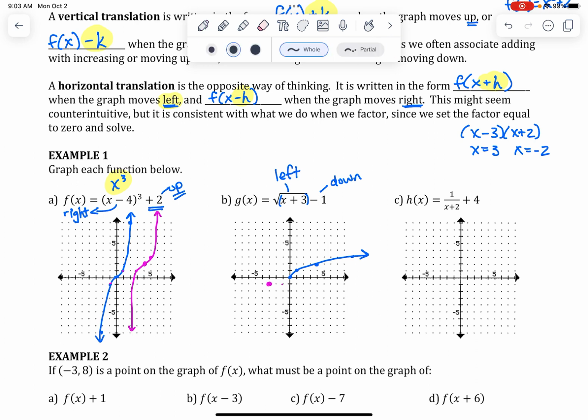So you're going to have your beginning point of the square root function starting at -3, -1, okay? And then all the points follow accordingly. So you can take any point you have there, move it down 1, and move it to the left 3, okay? And so when you do that, you'll have something like that.